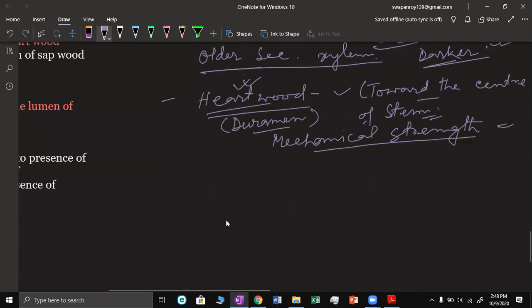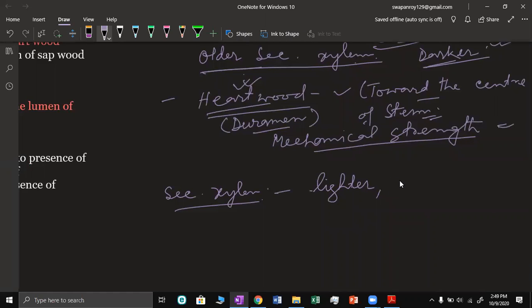But those secondary xylem which have formed recently, that is new secondary xylem, is slightly lighter in color, and they are active in water and mineral conduction.